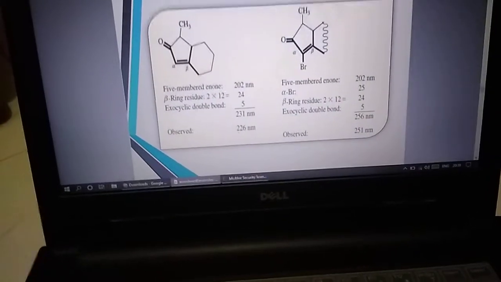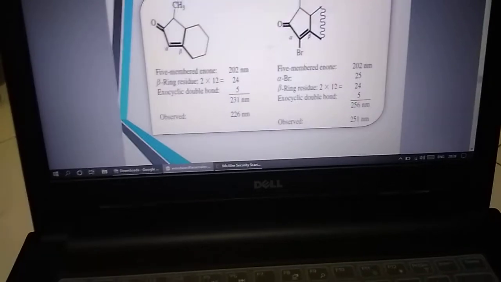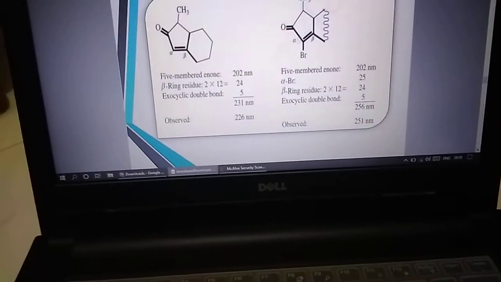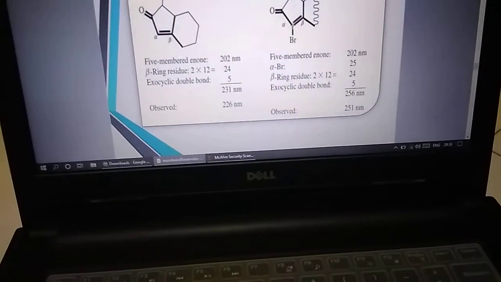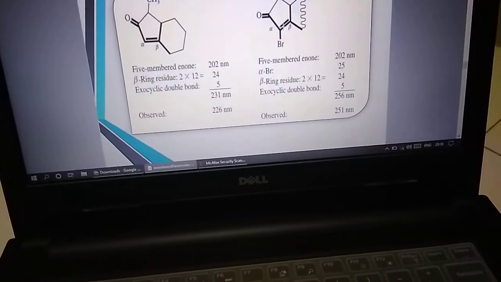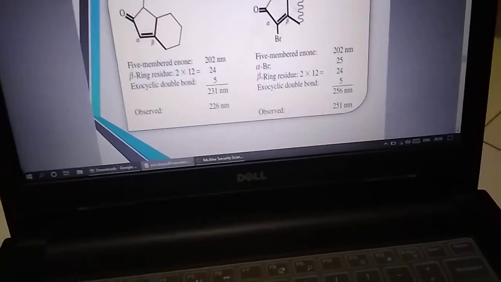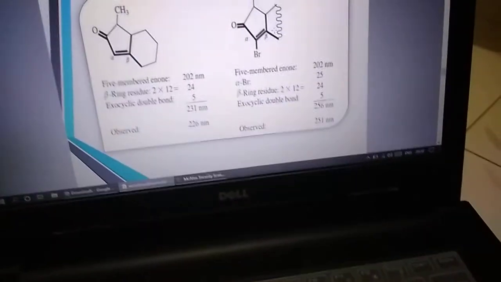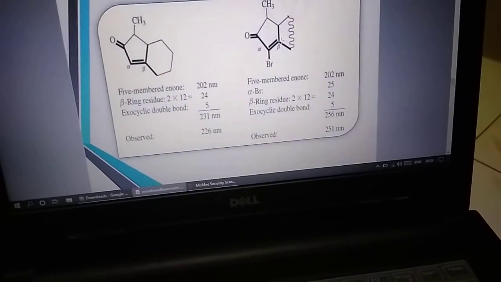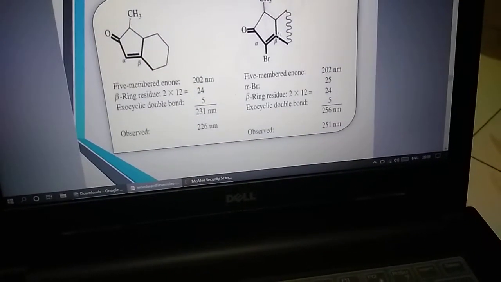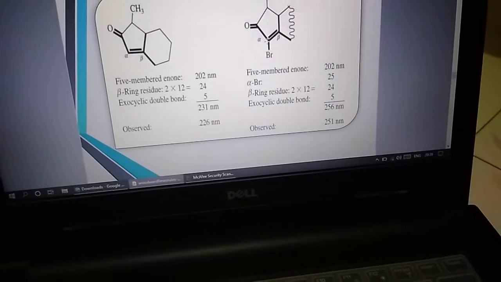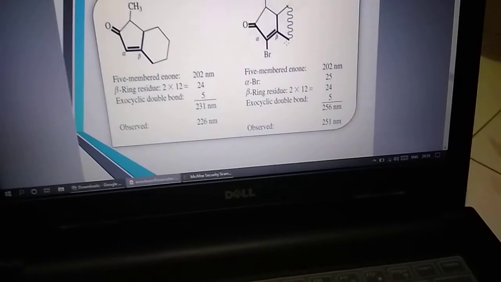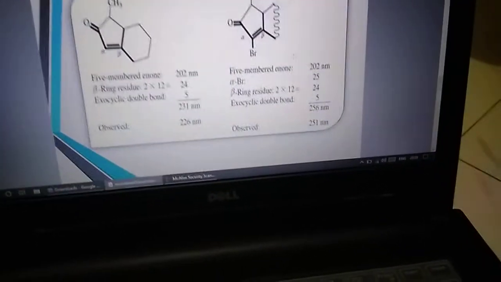And the next one is a 5-membered enone. This is a 5-membered enone, and this is the alpha, and this is the beta ring residue. The beta ring residue has a total of 2, so 2 into 12, and exocyclic double bond. The exocyclic double bond is this one. So total 5.